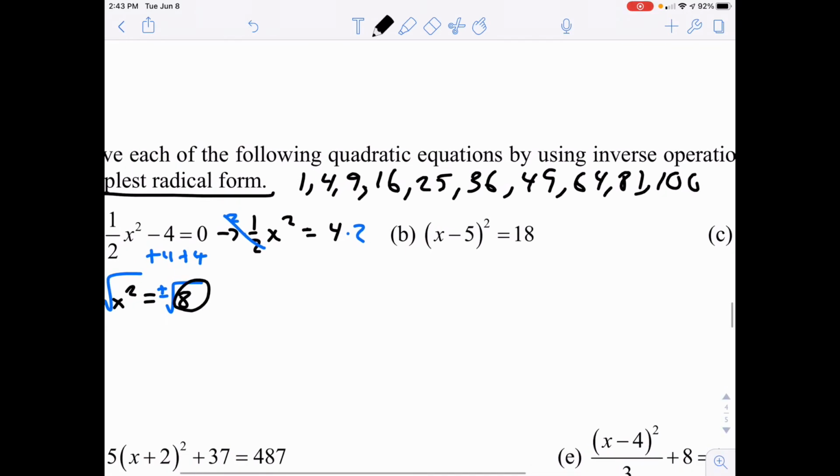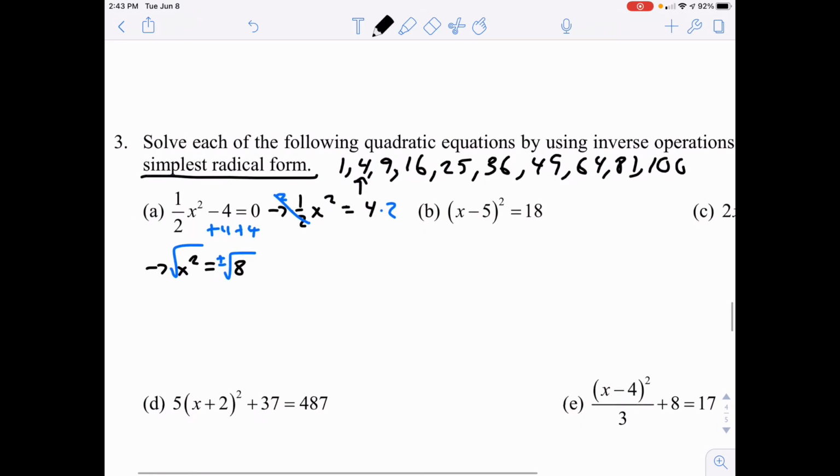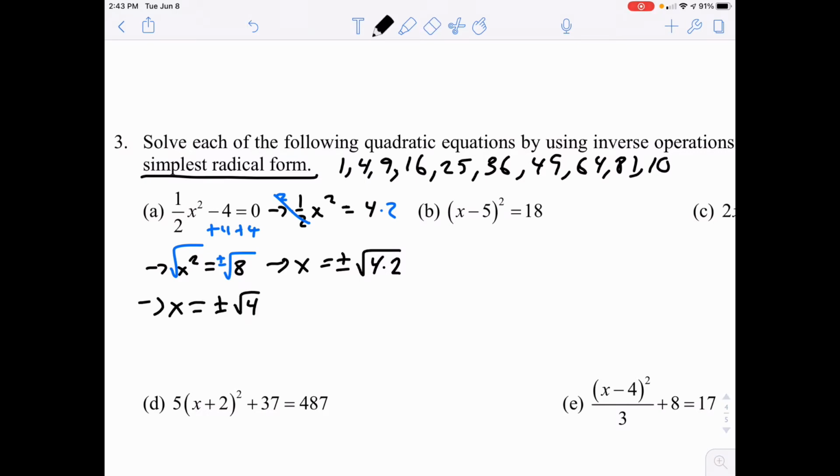Now, the largest perfect square that divides into 8 would be 4. So we rewrite this as x equals plus or minus the square root of 4 times 2, which is the square root of 4 times the square root of 2, so x is equal to plus or minus 2 radical 2.